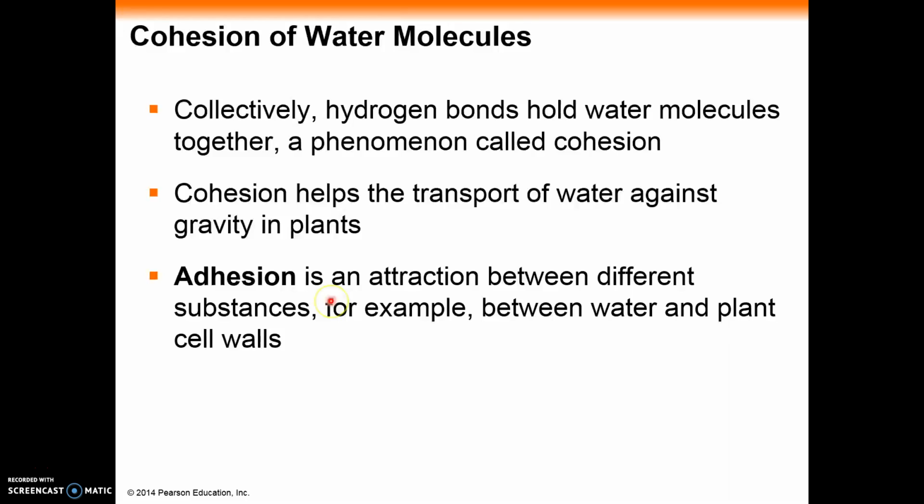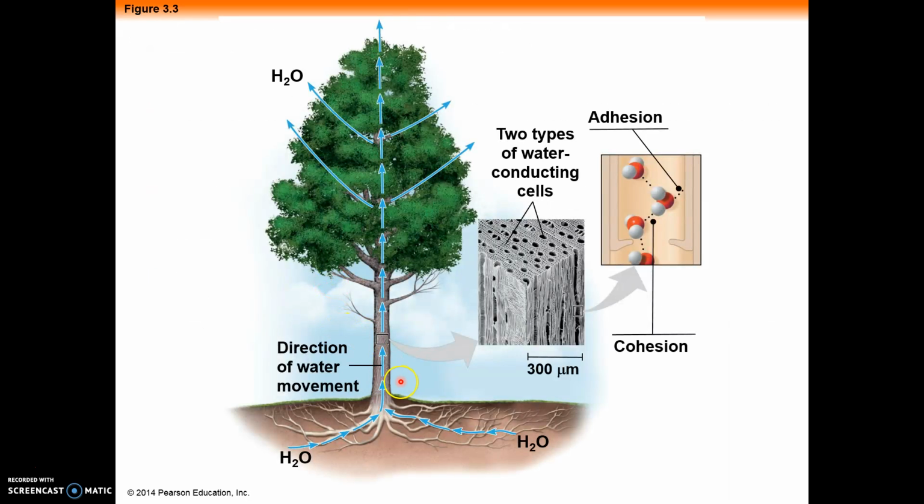So let's look at this graphically. Here we have a tree. We have the tree's roots, its trunk, and its leaves. The tree is going to draw water from the ground through its roots, and it's going to transport it up to those leaves. It does that by these small channels that occur within the trunk and within the branches.